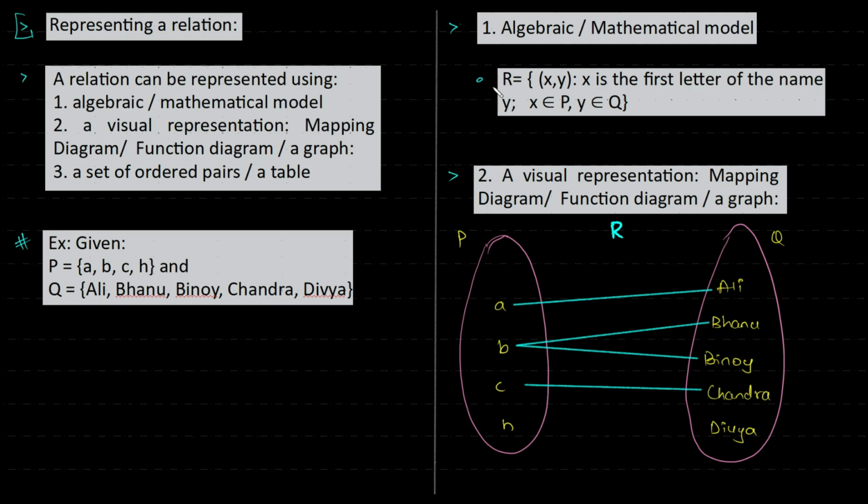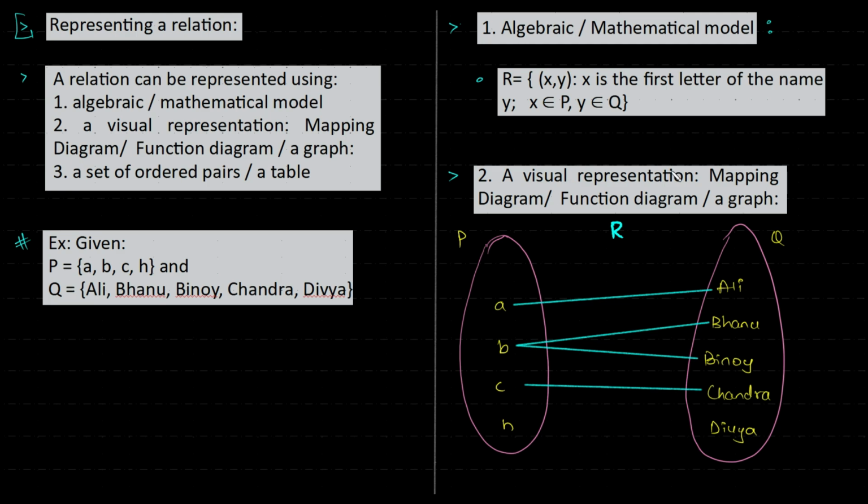This particular statement represents the overall picture, but of course, how you put it across will give a different set of information. So we spoke about roster form and set builder form in the first chapter in detail. So the same idea carries over. If you want to understand the mathematical rule behind a relation, you will represent it with a mathematical model or algebraic expressions and so on and so forth, right?